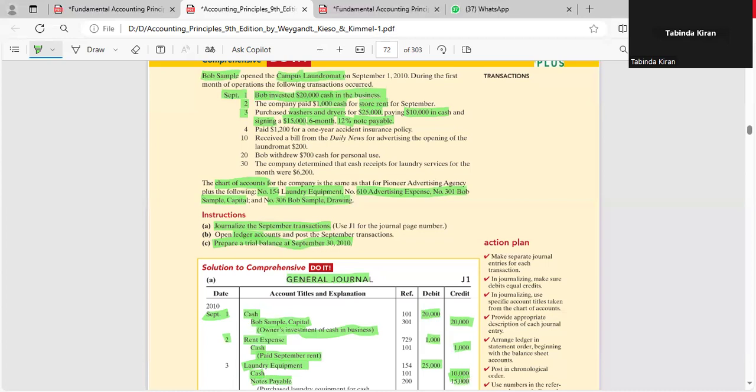And if you see, we are using the very same accounts. Over here it was mentioned that laundry equipment should have an account number of 154, so we are using the very same account reference number here. Otherwise, in case the account numbers are not mentioned, you can skip this column as well. Let's see the next transactions.